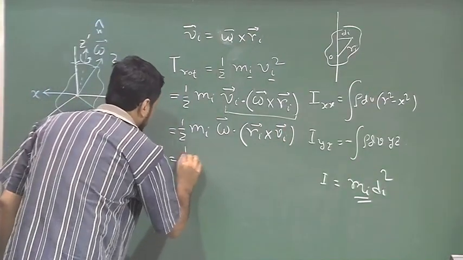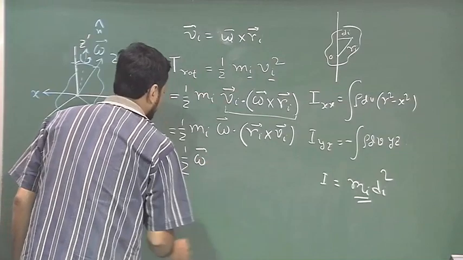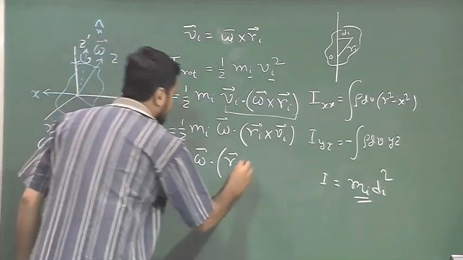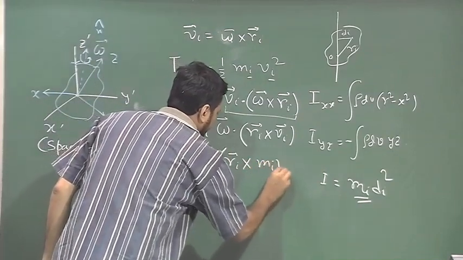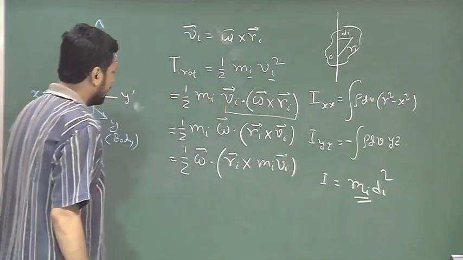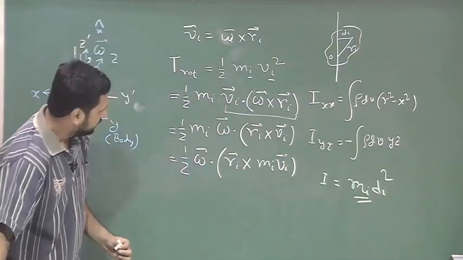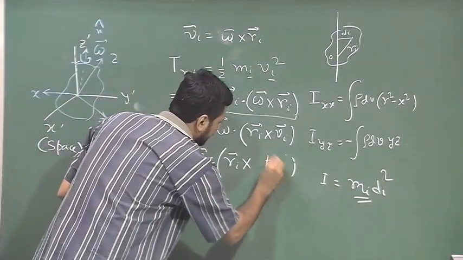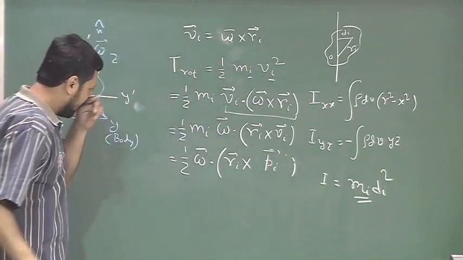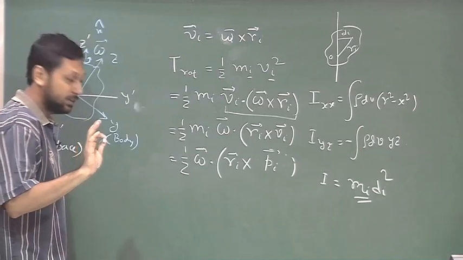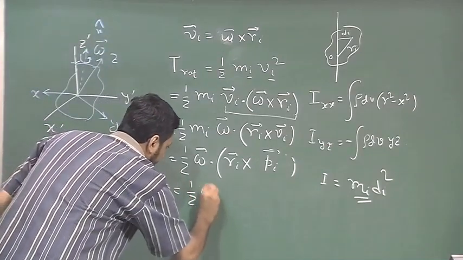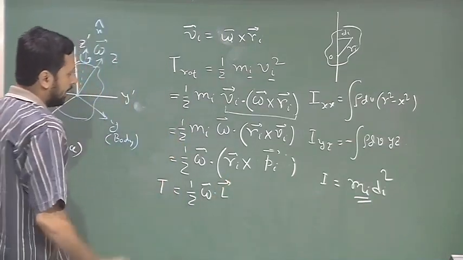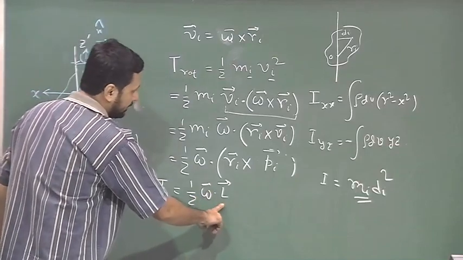And you can slightly modify this again, and write this as r_i cross m_i v_i. Now, if you pay attention, r_i cross m_i v_i is nothing but p_i, the linear momentum of the ith particle, and r_i cross p_i is nothing but your angular momentum L. So, this essentially is omega dot L. So, T is equal to omega dot L, and L can be written as I omega.